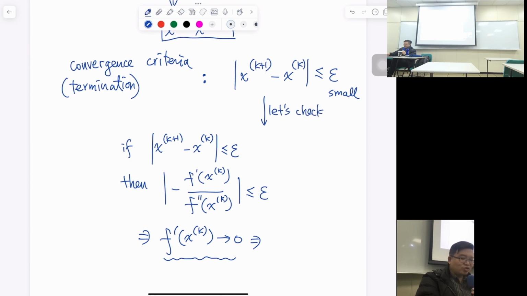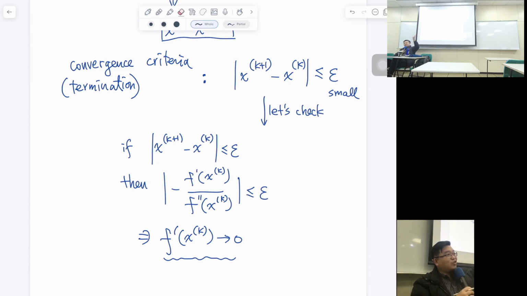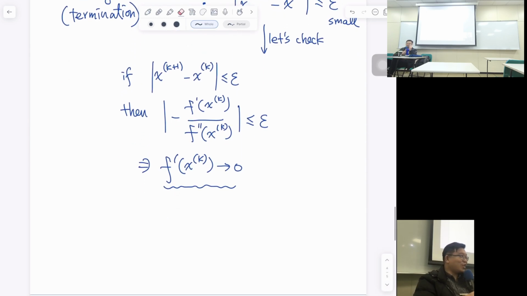Because if I want to truly prove, that's another story. I need to make sure for all kinds of functions based on certain definition, this guarantees the optimal. But then I need to check a textbook and then try to explain it in that way. I don't think I can do it right now. So I plan not to do it.